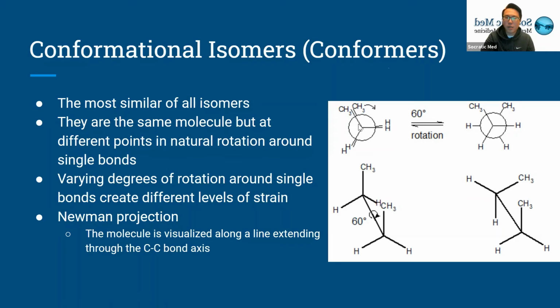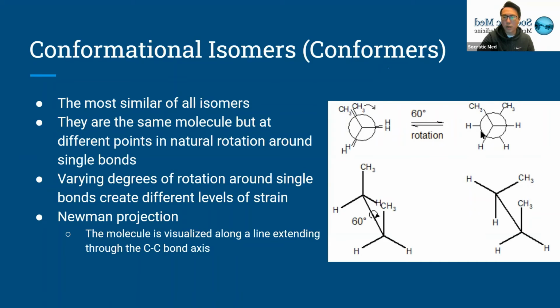So on the top left molecule, you can see that the carbon-carbon bond, the substituents are on top of each other. So this creates more strain on the bond than if it was at the rotation on the right side, where all the substituents are separated from each other equally.